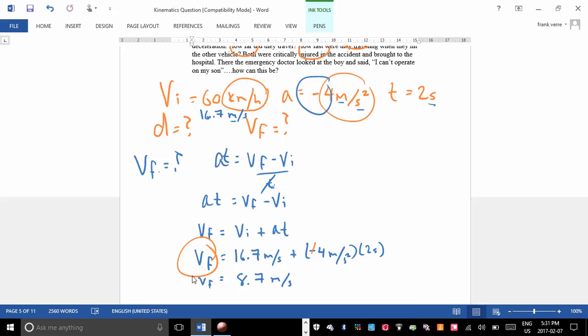It's very, very important. Now, for the distance, you can do V average times time. So you could take the average of 16.7 and 8.7. So you can take the average times 2 seconds, or you could plug it into this equation.